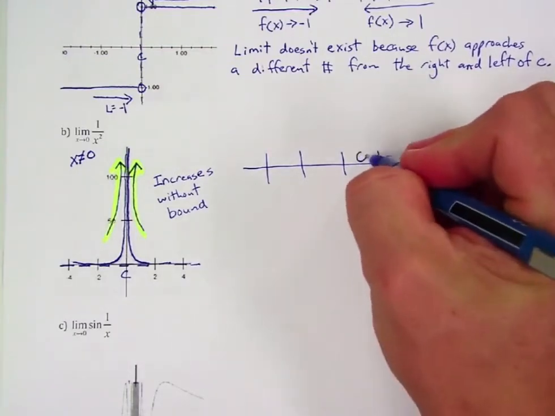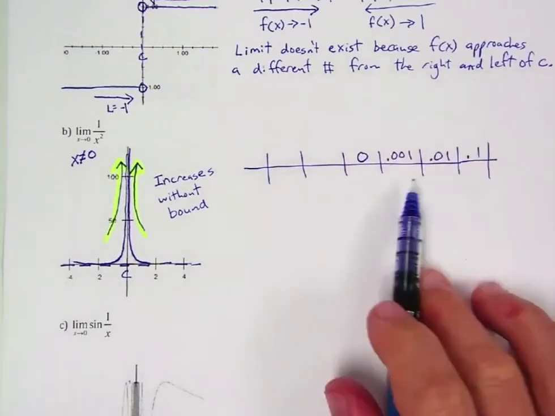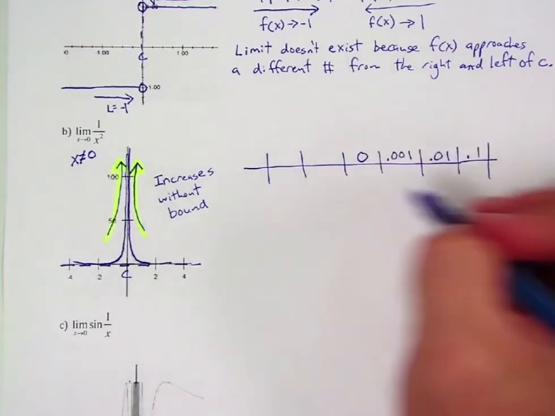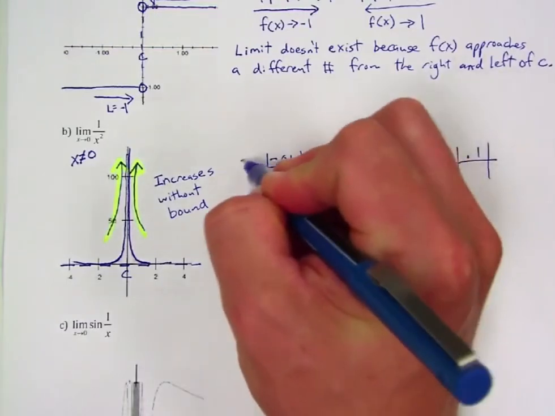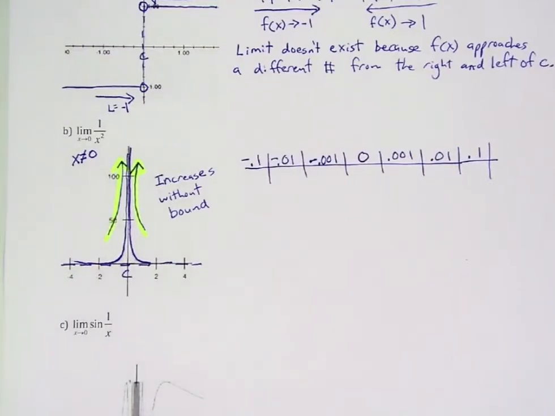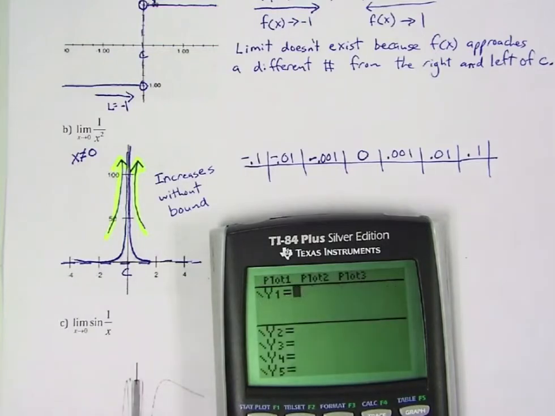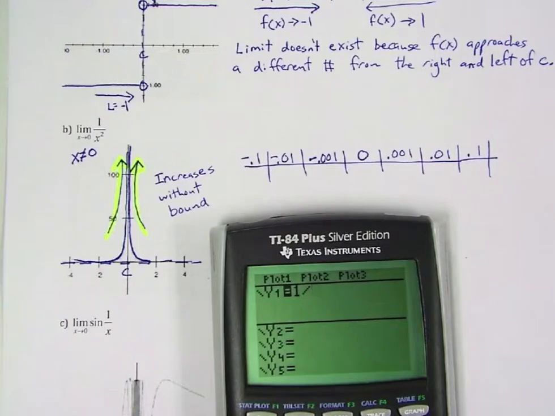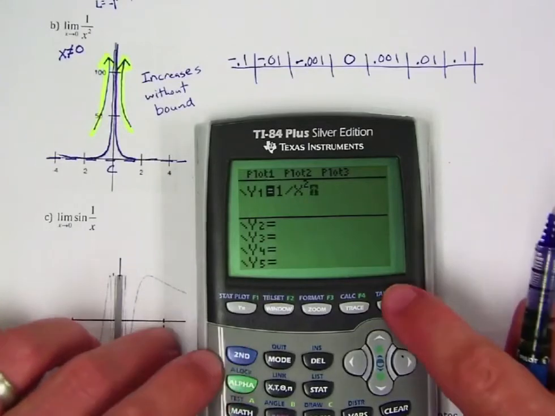We'll put 0 here in the middle. And just standard, I usually use these. Okay. And again, we can use our table of values if we're not good with using these numbers here. So 1 divided by x squared. And then again, I'm going to push second table.